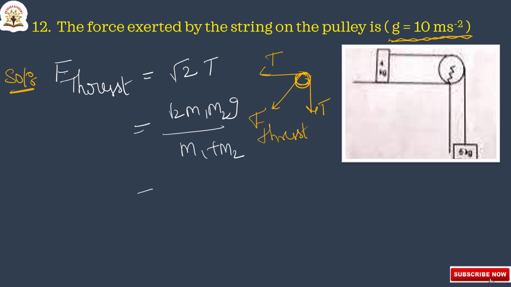Now substituting values, root 2 into 6 into 4 into 10 by, here m1 and m2 are given as 6 and 4 kilogram.